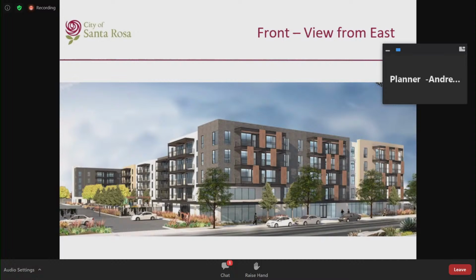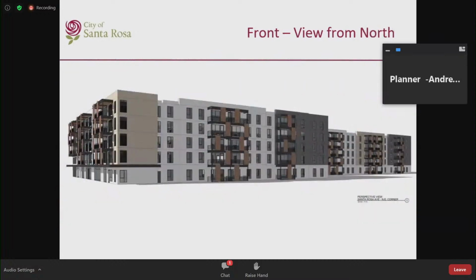The architectural design of the proposed development shown here is compatible with the character of the surrounding neighborhood, and the building design is reflective of the existing and planned residential uses in the area, much like the existing development reflects either the residential or commercial uses that are currently in place. And the project site is well connected to vehicle transit, bicycle, and pedestrian networks. Next slide, please.